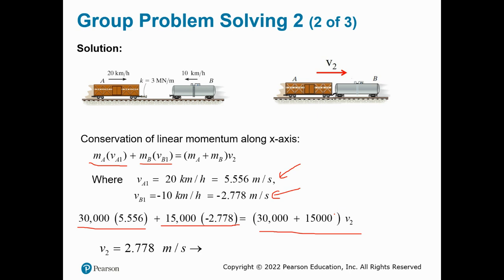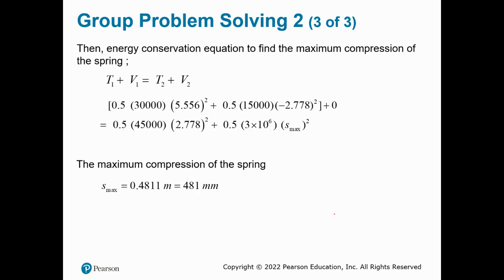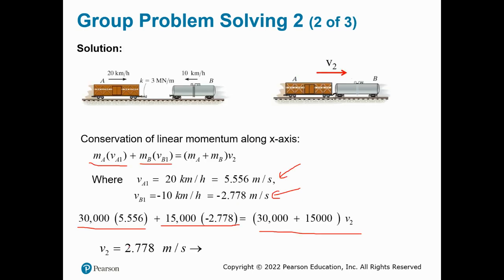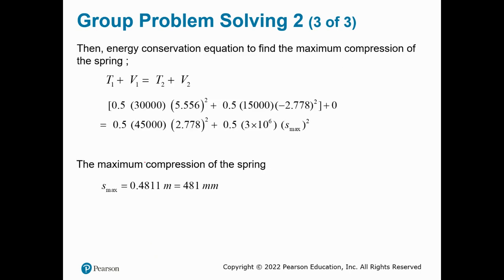And then we're going to write an equation for energy. After they stick together, the velocity that we calculated is 2.778. So when we look at it from the energy perspective, initial total energy equals the final total energy.